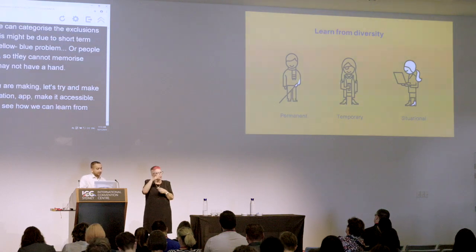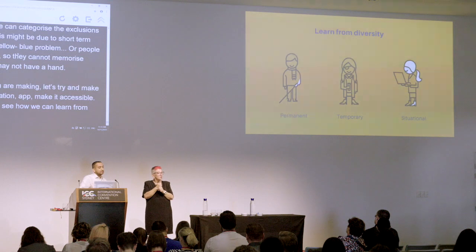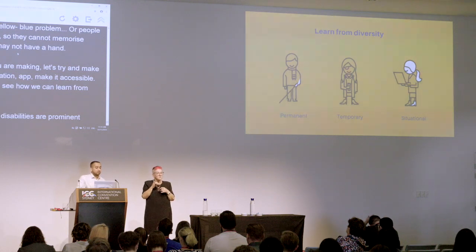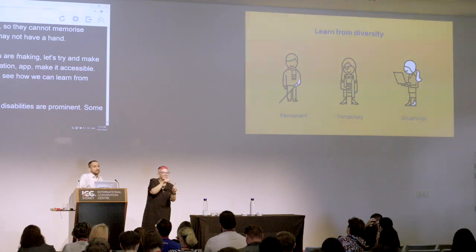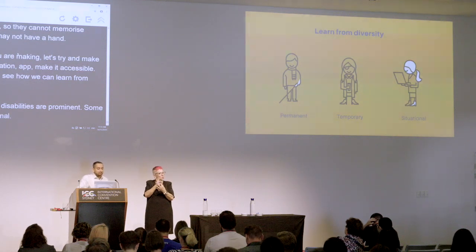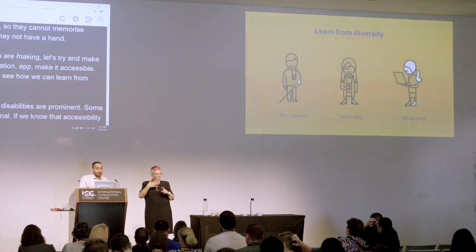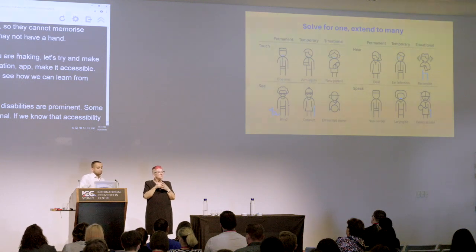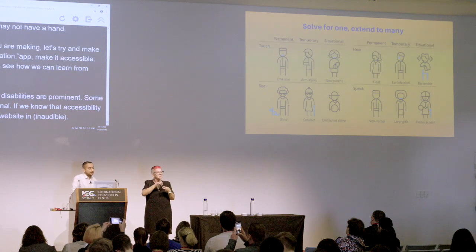This is one of the examples. Not all kinds of disabilities are permanent. Some may be permanent, some may be temporary, while others may be situational. Accessibility is not just about physical issues; it can be situational. Let's say someone is doing something and wants to use a website in parallel. So these are all accessibility-related issues.